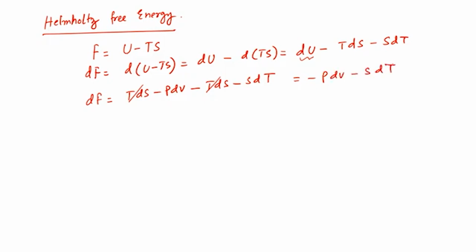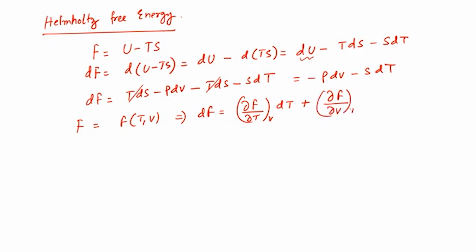So, we will follow the same thing that we have done earlier, and we would write F as a function of T and V. So, this will give us that dF is equal to del F del T at constant V dT plus del F del V at constant T dV, and so on.